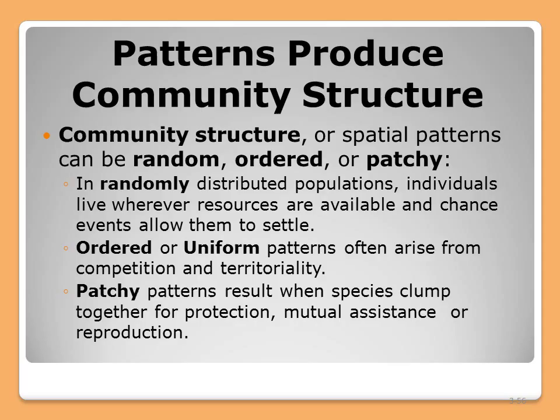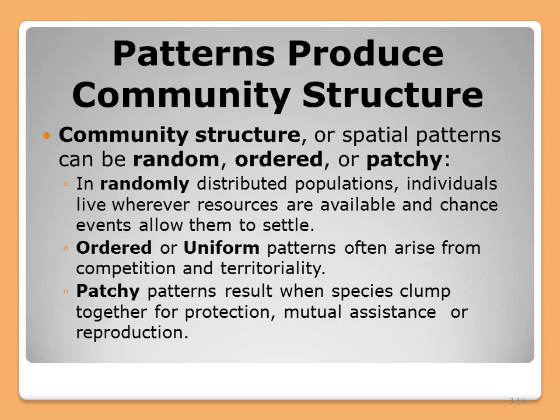For example, a plant scatters seeds in the wind, and the seeds land and grow wherever they are scattered to. In a uniform distribution, you see the animals or plants very laid out, looking very organized. It tends to come from competition or territoriality, so they don't get too close to each other, and they tend to be a certain distance apart.